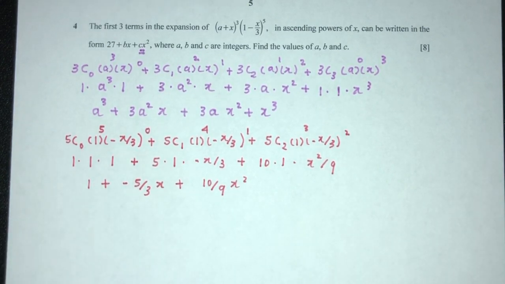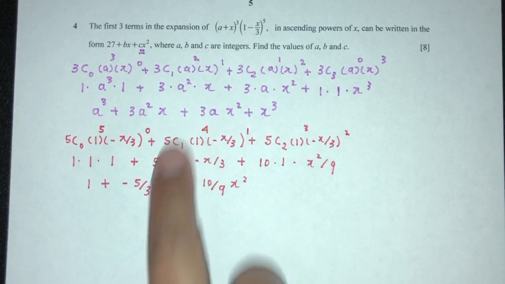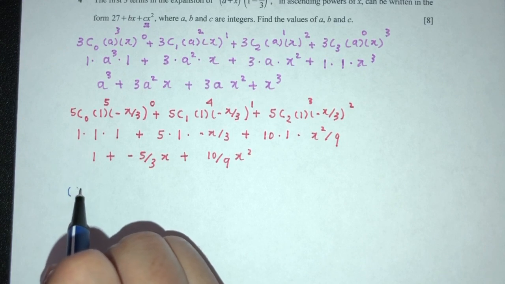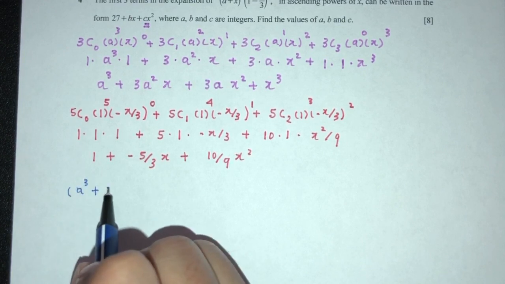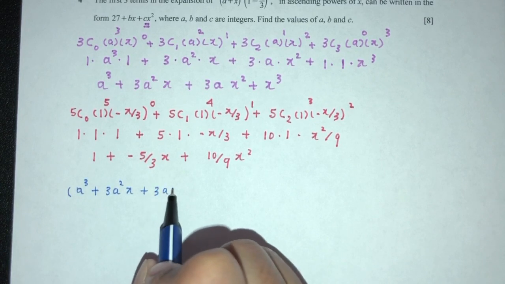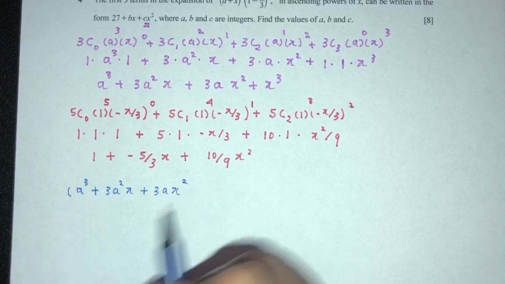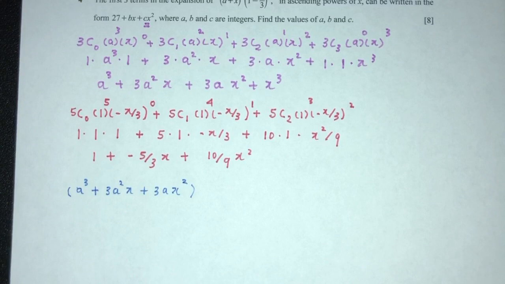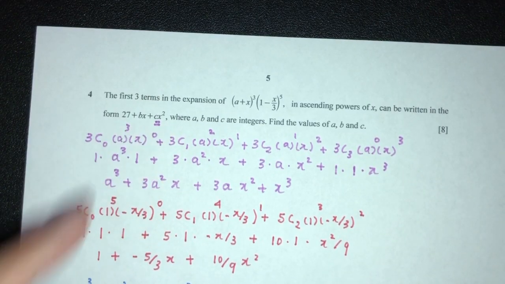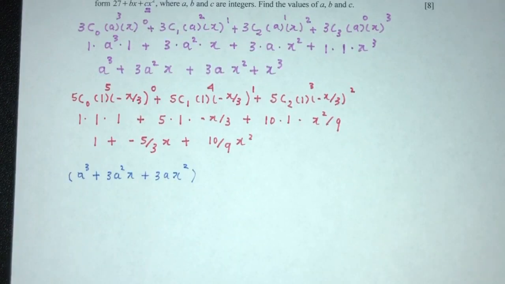Now, basically what we're doing is we're taking the first expansion and multiplying it by this one. So the first one is what it is, a cubed plus 3a squared x plus 3ax squared. Again, we can stop at x squared because we only need terms until x squared. We don't need to go too much, right?